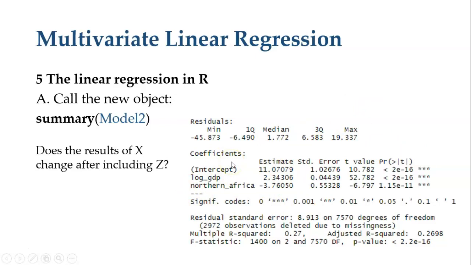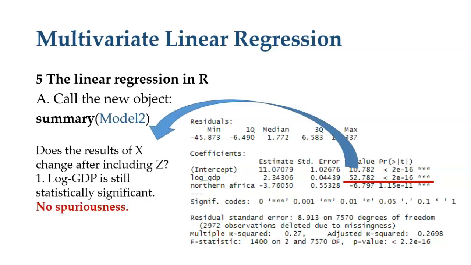The next question is, does the result of x change after including c, or to what extent does it change? And remember that the first question is, is the log GDP still statistically significant when we include c? That's the first question.